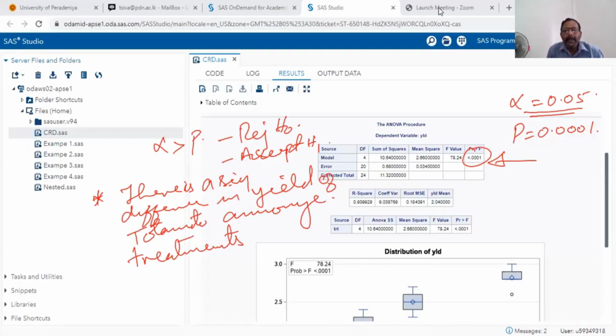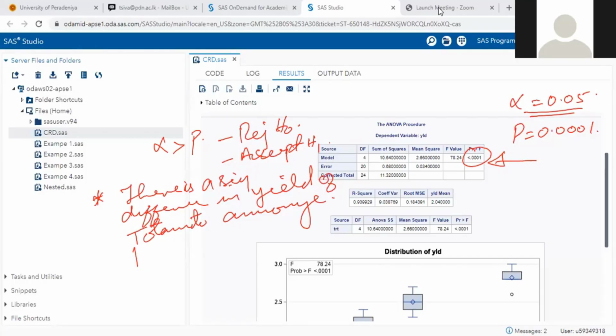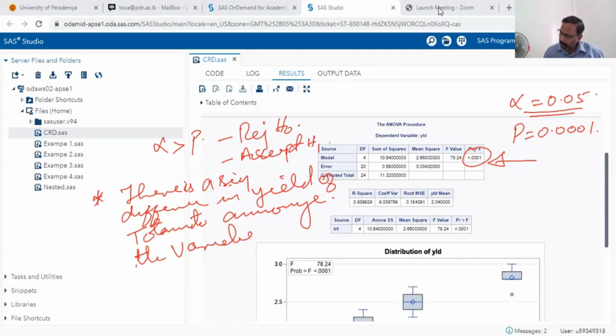Can you remember? 5 varieties, sir. Variety. Treatment. So yes, we can say tomato among the varieties. We could say like this: there's a significant difference in yield of tomato among 5 varieties. Tomato, rice, or whatever it is, right? So this is how you make the conclusion.